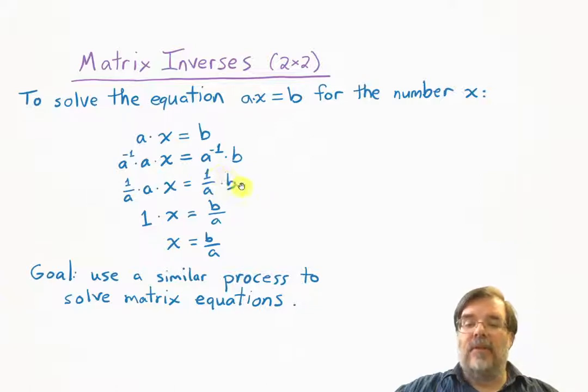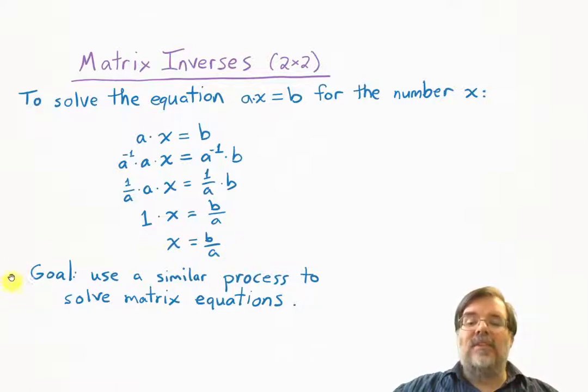The b appears in the numerator, and then you'll have the fraction b over a on the right. And 1 times x, well, 1 is like an identity element. Multiplying x by 1 does not change its value. And so on the left-hand side, we're left with x. So the solution to this equation is x equals b divided by a.